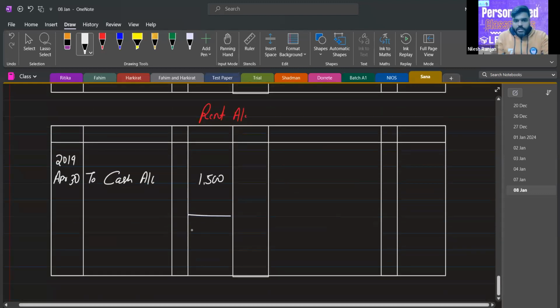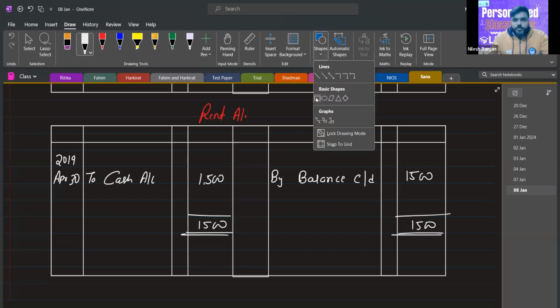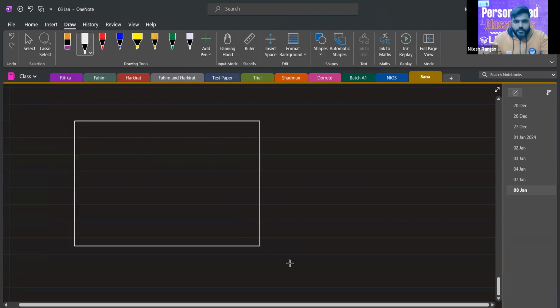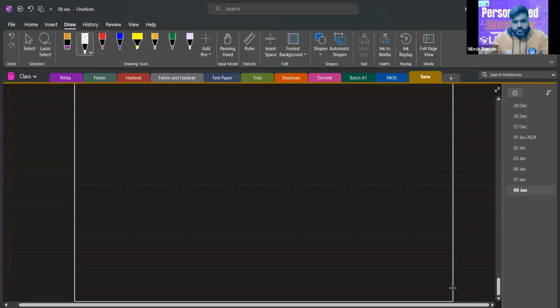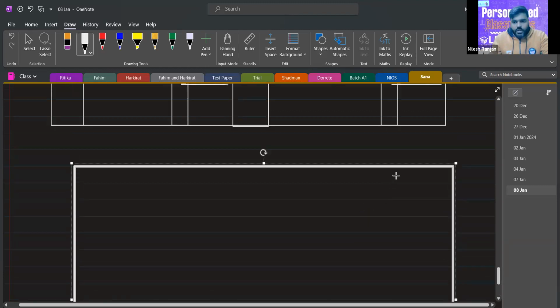And then the rent account 1,500, and here it will be by balance CD 1,500. Now we will prepare the format of trial balance. So this is our trial balance format.